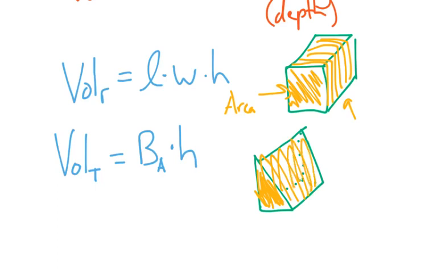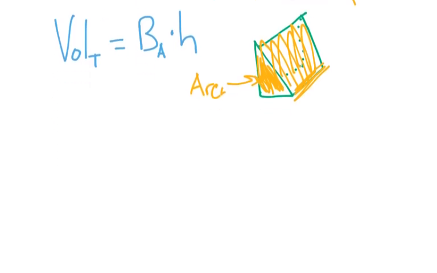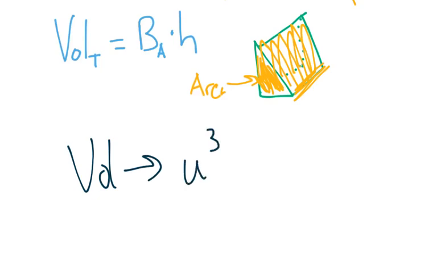So we just have to multiply this area by however long that dimension is. As long as we have the area of one of the bases multiplied by that third dimension, we've found the volume. Now with this being said, volume is always going to be given in units cubed because you have three dimensions: length, width, height, or depth, whatever you want to call it.